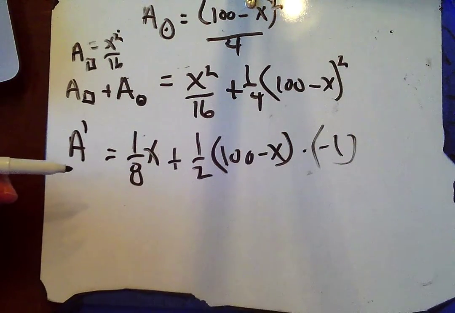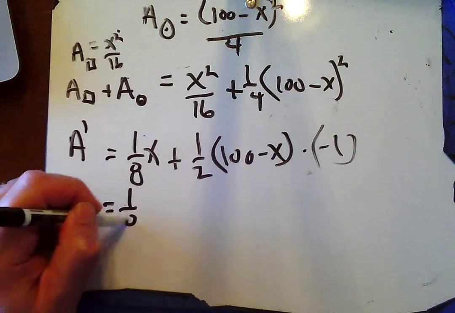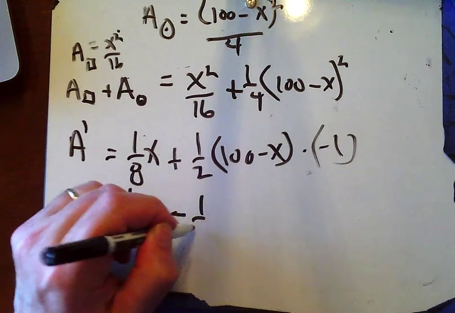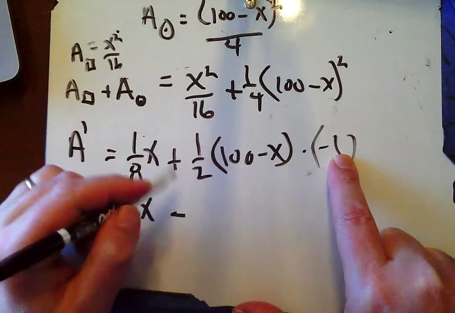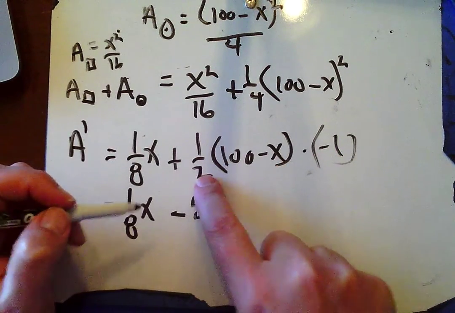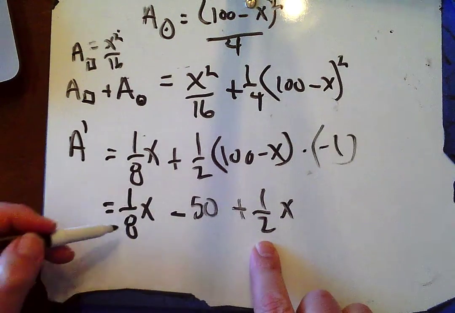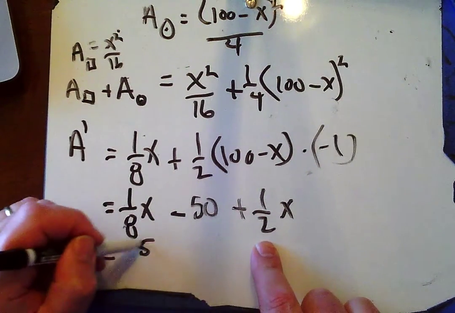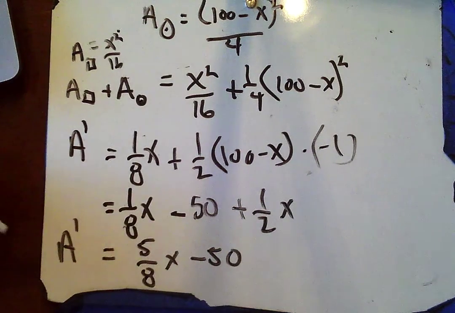Okay, and so now that's going to be 1/8 x minus, well, half of 100 is 50 times -1, -50, and negative is a positive 1/2 x. That's 4/8 plus 1/8 is 5/8. 5/8 x minus 50 is A prime. Well, this linear equation is never undefined, so I don't have to worry about that.